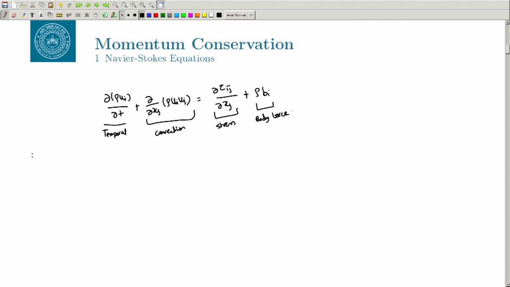And then we also related this tau_ij to the strain rate, and what we found out is tau_ij equal to 2 mu E_ij plus lambda delta_ij del u_k by del x_k, where E_ij is the symmetric part of the strain rate tensor, which is nothing but half of del u_i by del x_j plus del u_j by del x_i.